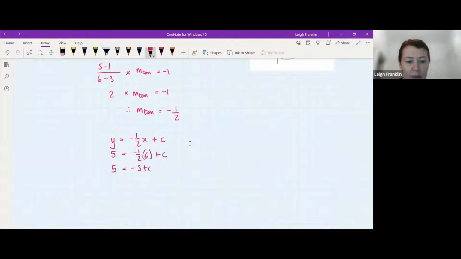And now I need to add 3 to both sides. So c would be equal to 8 in this case. So now the equation of the tangent is the line y equals -1/2x plus 8.